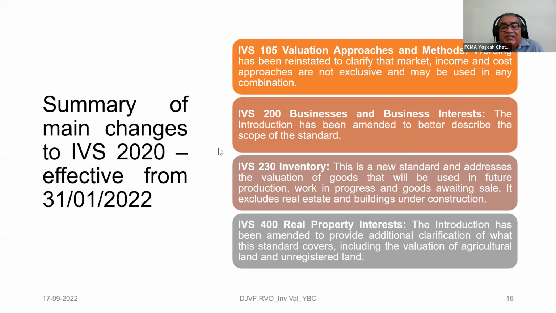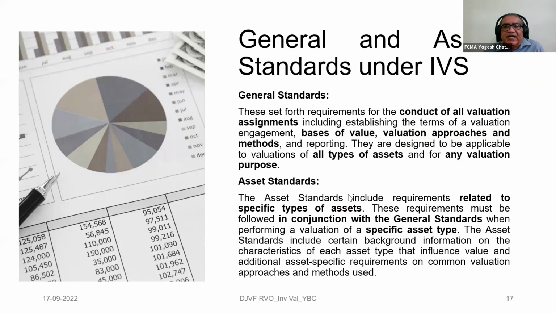Now, as I informed you, there are two types of standard: a general standard and asset standard. We all are aware of this, but just for revision purposes, the meaning or definition is provided under the IVS. General standards set forth requirements for the conduct of all valuation assignments, including establishing the terms of a valuation engagement, basis of value, valuation approaches and methods, and reporting.